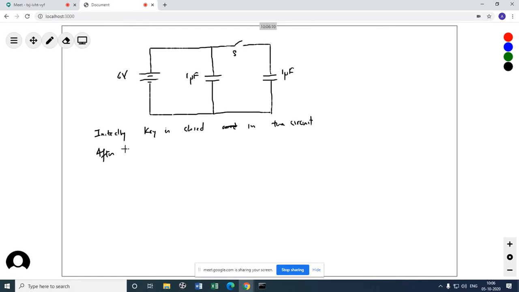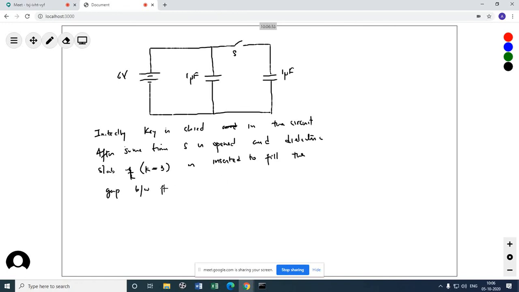After some time, the key is opened and a dielectric slab of K equals to 3 is inserted to fill the gap between the plates of the two capacitors completely.